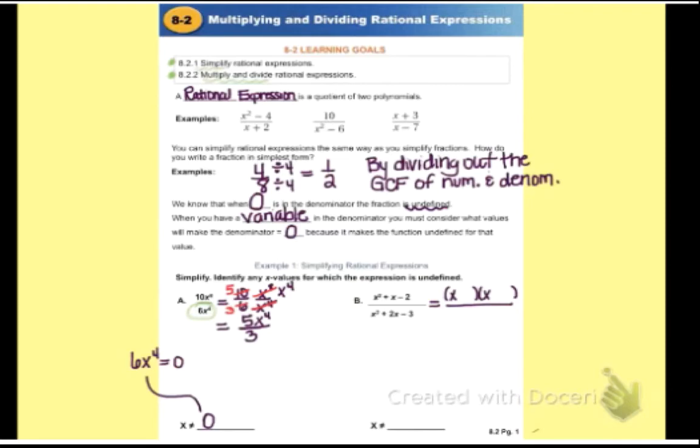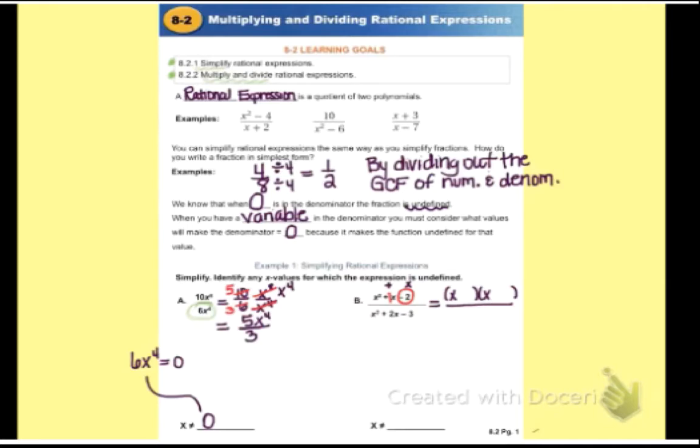But next I have to think about what two numbers will multiply to give me a negative 2. So they have to multiply to give me this negative 2, and they have to add to give me this positive 1. This number that's in front of the x, there's a 1 there, so I'm actually going to write a 1 right there, and so they have to add to 1 and multiply to negative 2. So I think about negative 2 multiplying to a negative number.